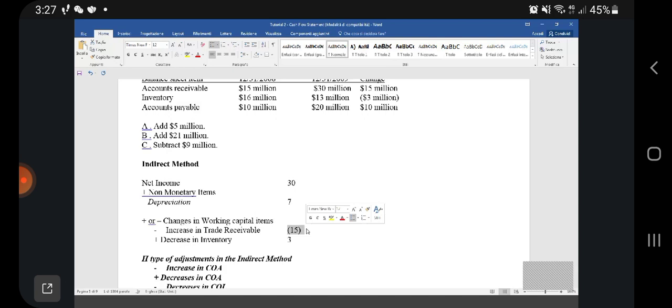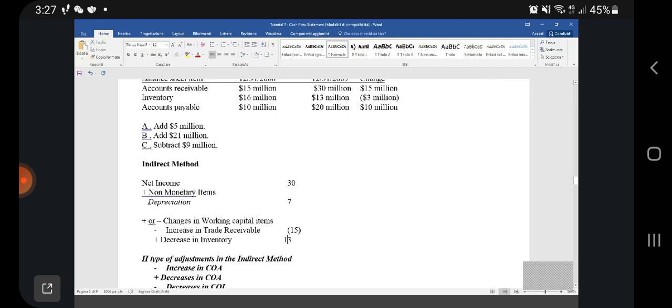Or for example, inventory. We have a reduction in inventory. A reduction will be shown with a minus, but the impact that it has in the indirect method, the reduction of an operating asset, means that I have more money, so it will be with a plus sign over here. Double think every time.